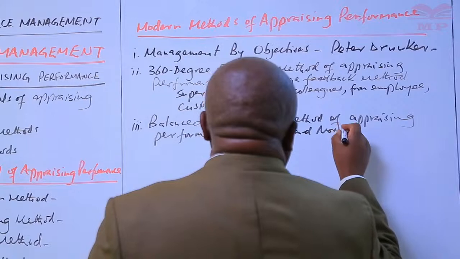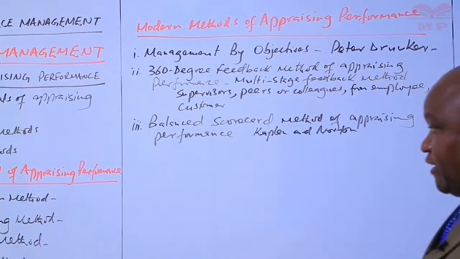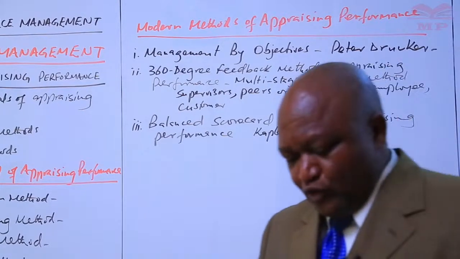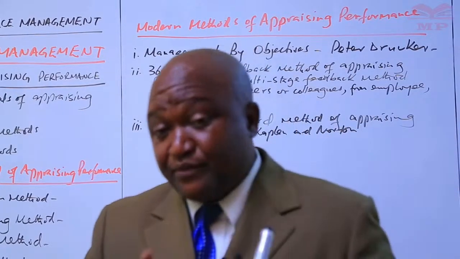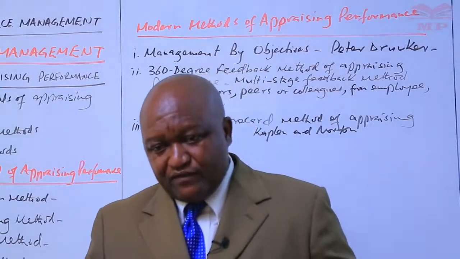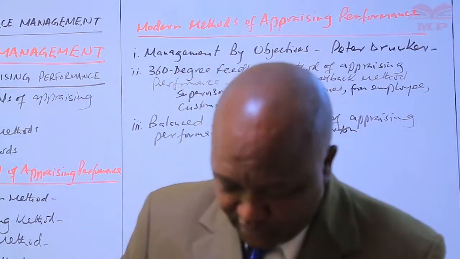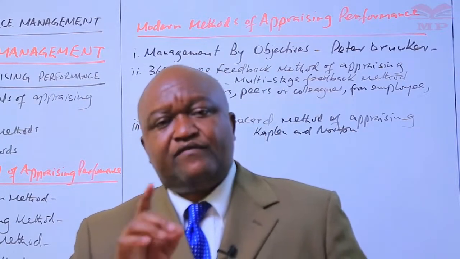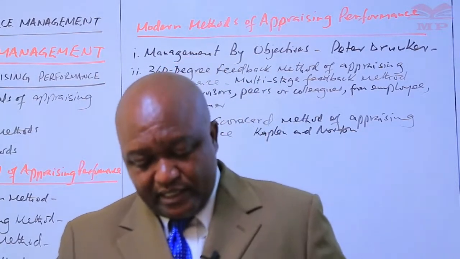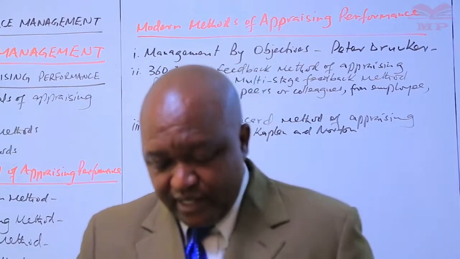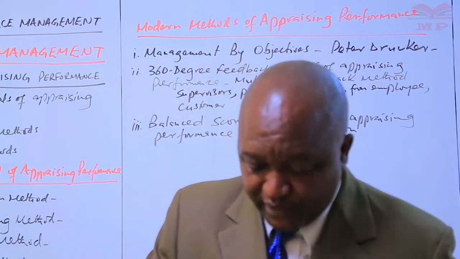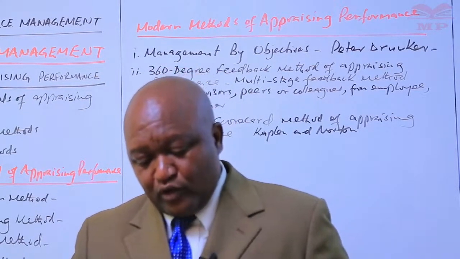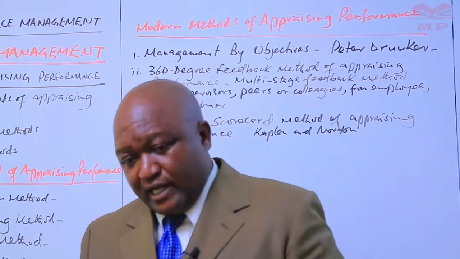So Kaplan and Norton argue that when it comes to an organizational setting, you may want to look at different perspectives, and these perspectives do not necessarily have to be financial perspectives. So they brought in the element of four perspectives, where they looked at the financial perspective, the customer perspective, the learning and growth perspective, and the internal perspective.